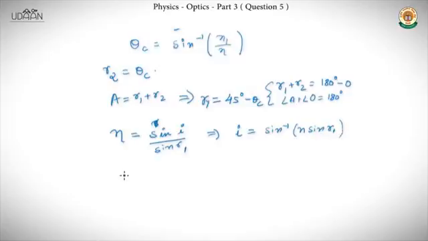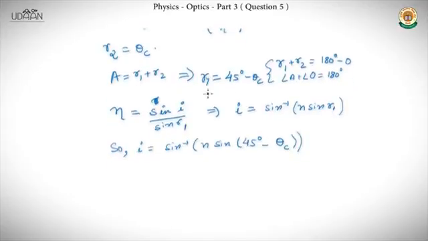So i is equal to sine inverse of n sine of 45 degrees minus theta critical angle. We have just plugged in the value of r1 from what we calculated here.